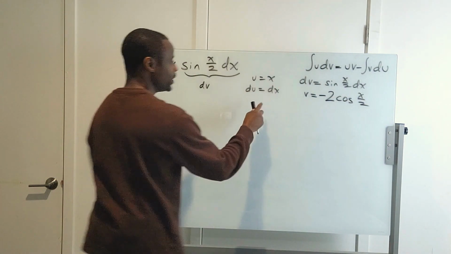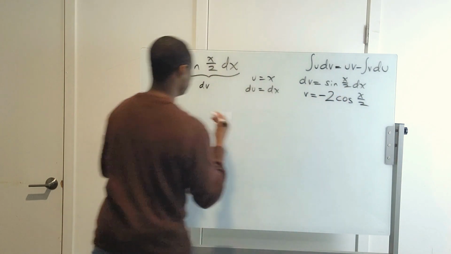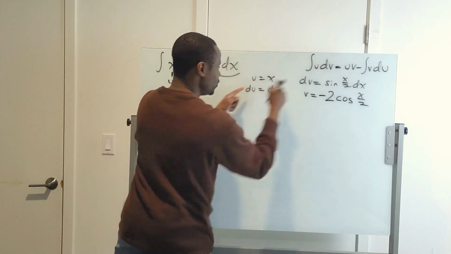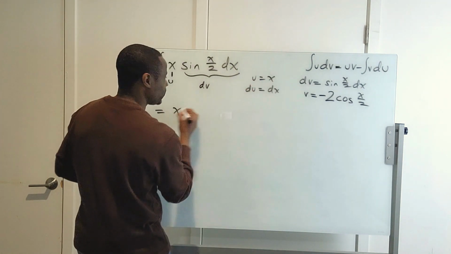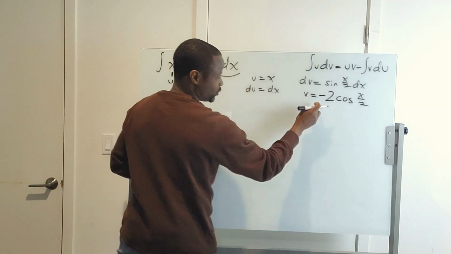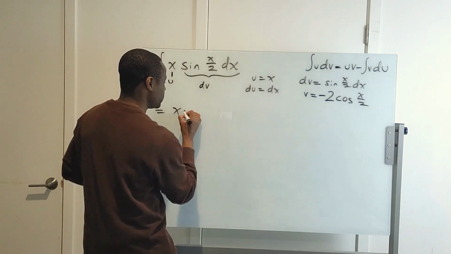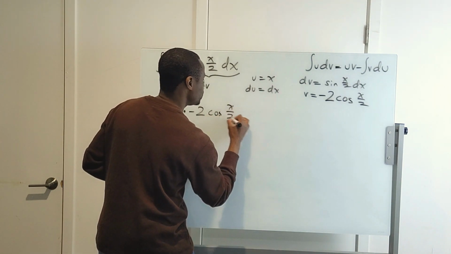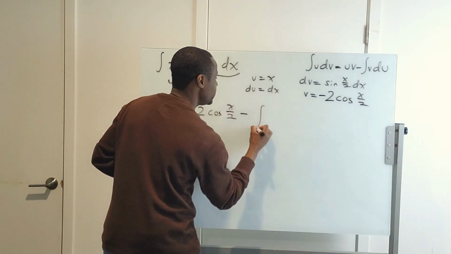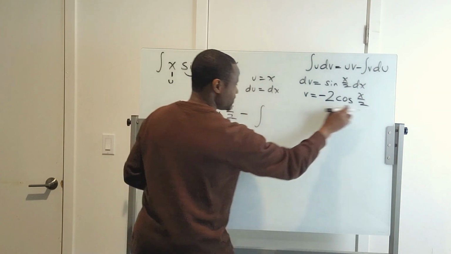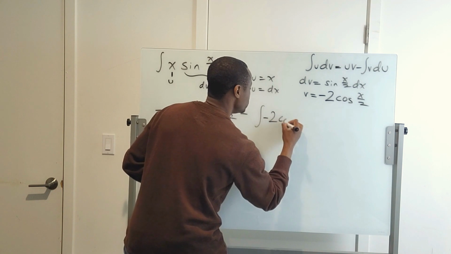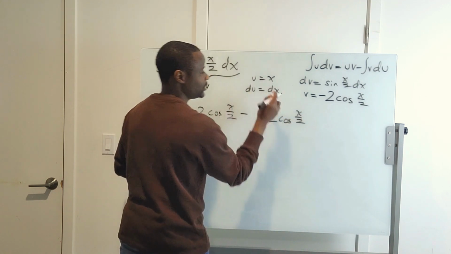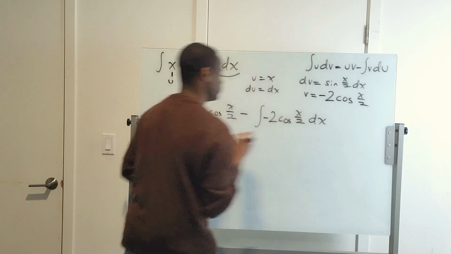Let's now plug what we have here into that formula. So the integral of u dv is going to be our u, which is x, times v, which we've identified to be that. So x times negative 2 cosine of x over 2 minus the integral of v, which is this again, negative 2 cosine x over 2 du, and du is simply dx.